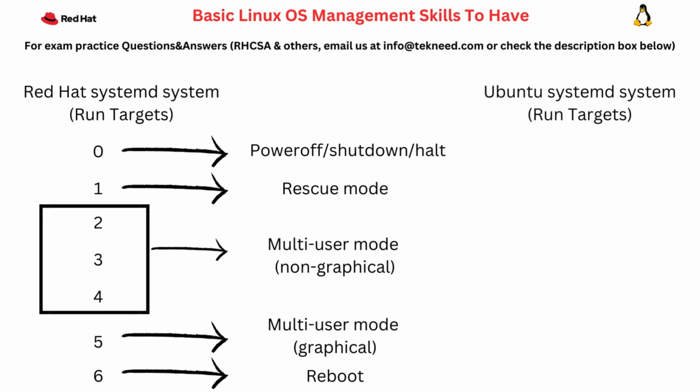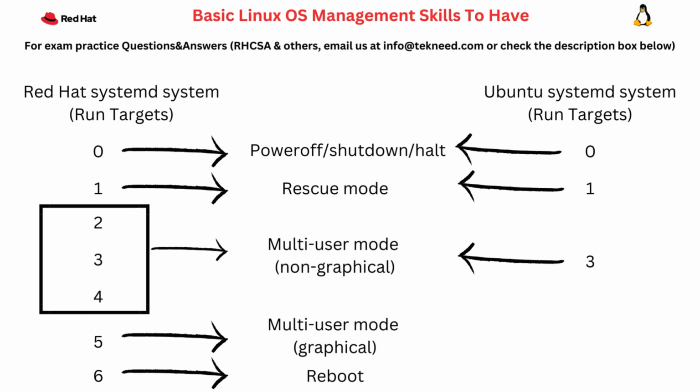And for Ubuntu systems too, we have different run targets. For run target 0, that's power off. For run target 1, that is rescue, is the same as that of the Red Hat Enterprise Linux system. And we don't have run target 2, then for run target 3, that is the multi-user mode, full network multi-user but no graphical user interface, just like we have in RHEL for 2, 3, and 4, right?